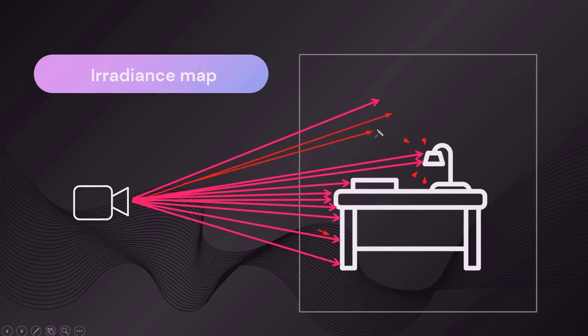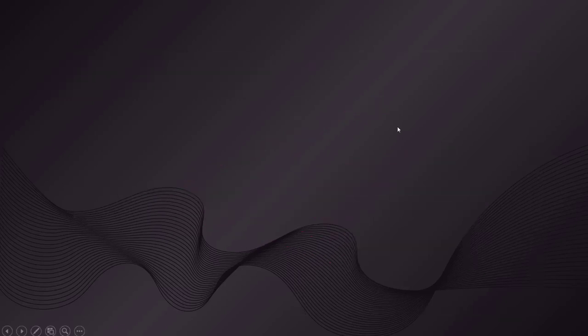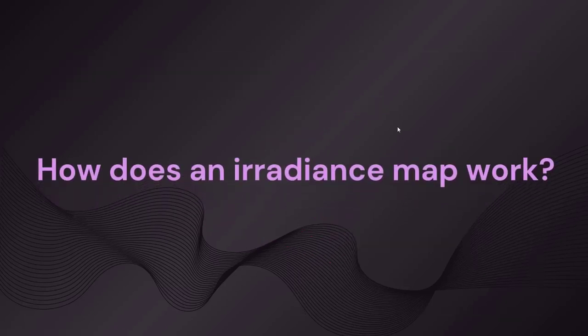Okay, so the brute force method didn't care, it just sent out rays like a madman all over the place, but the irradiance map method will take a look at how complicated a piece of our scene is and send out the right number of rays there accordingly. Alright, so we just introduced the irradiance map method and we understood how it works and how different it is from the brute force method.